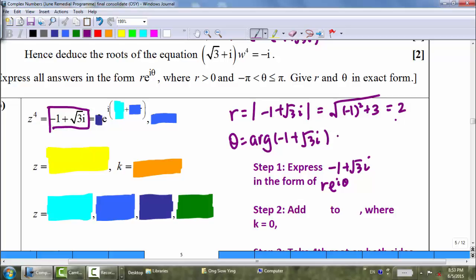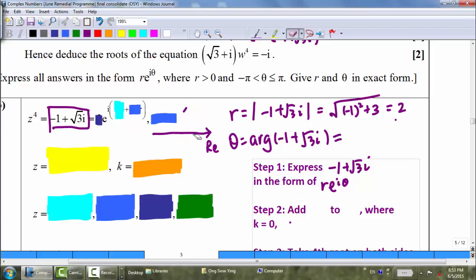You have to be very careful when you want to find the argument, because you need to locate the position of minus 1 plus square root 3i. Where is the point? For a complex number, you can associate it with a point on an Argand diagram. For this minus 1 plus root 3i, the point falls in the second quadrant, where x is negative and y is positive.